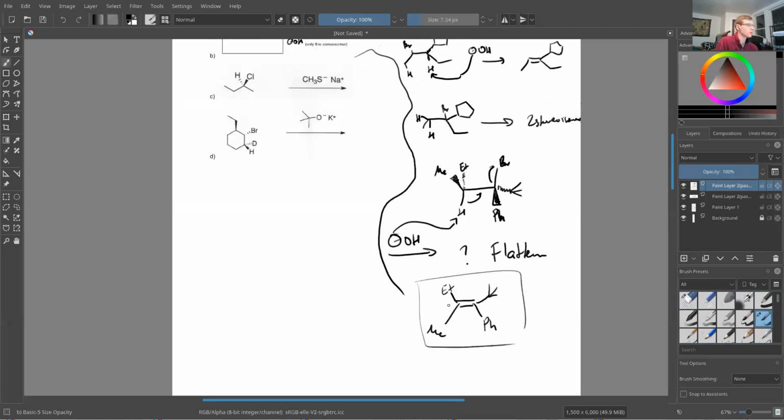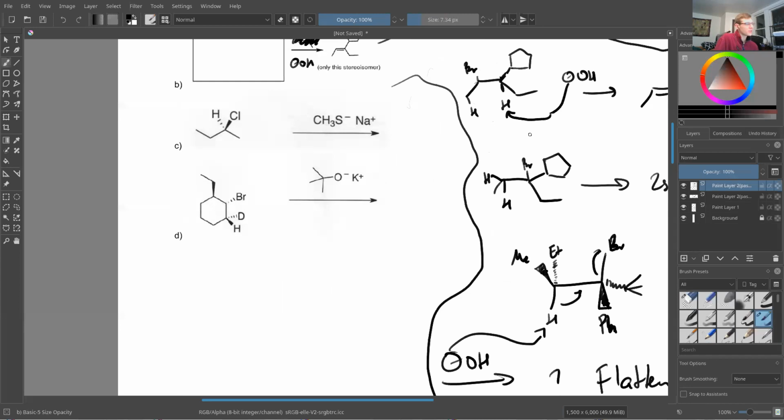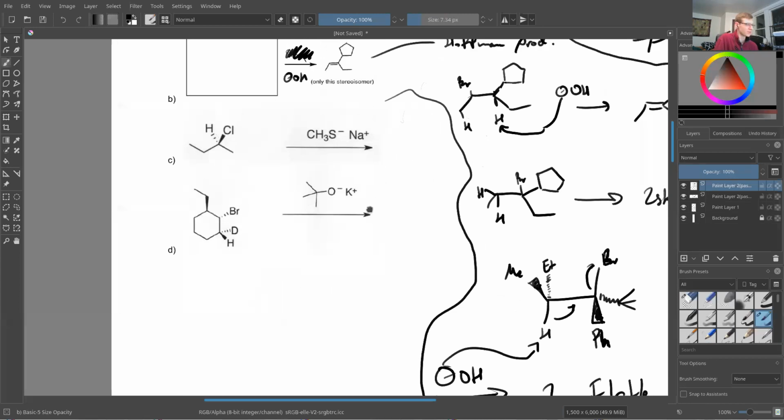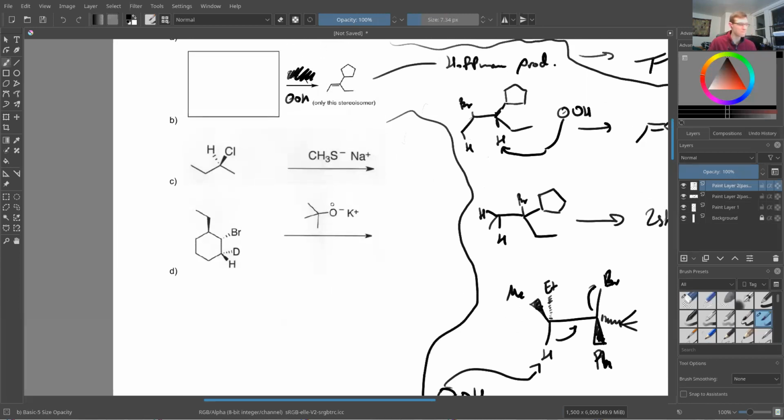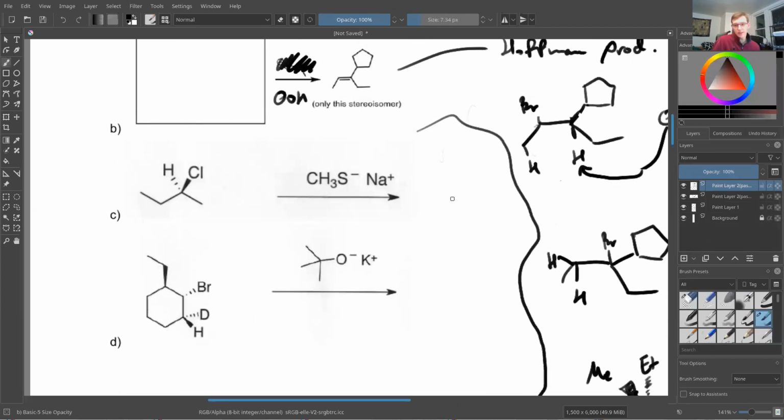Cool. And so, keeping up with this, up here, C. What kind of reaction is C? SN2. Yeah, it's SN2.